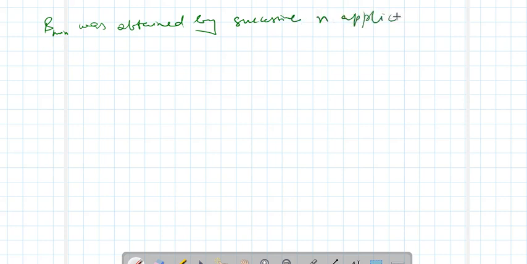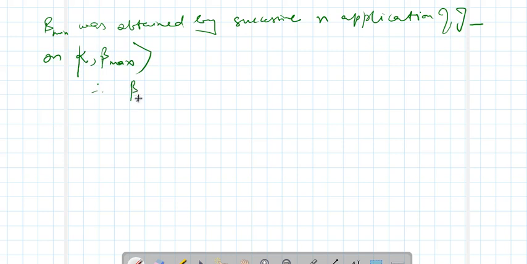So up to this, we found that beta minimum was obtained by successive n applications of J minus on alpha beta max.